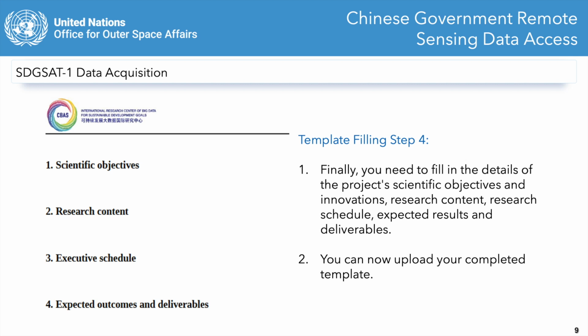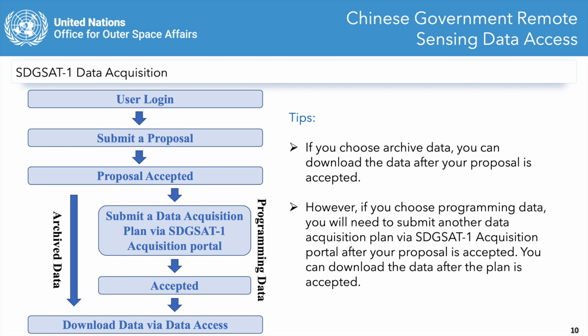When using SDG SAT-1 data, it is also important to distinguish between two data access modes. The first mode is archive data. Archive data can usually be downloaded soon after your proposal is approved. This is the most convenient option and requires the least waiting time. The second mode is programming data, or newly tasked data.